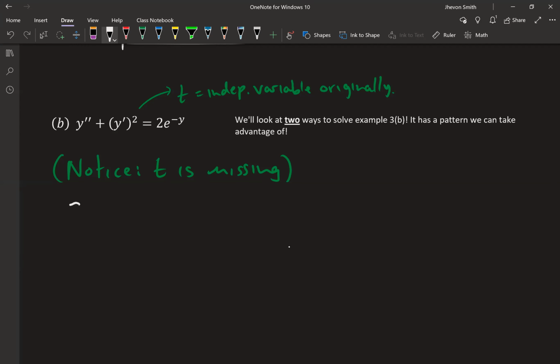So I'm going to set v equals y prime, and I'm going to set my y double prime equals dv dy times v.